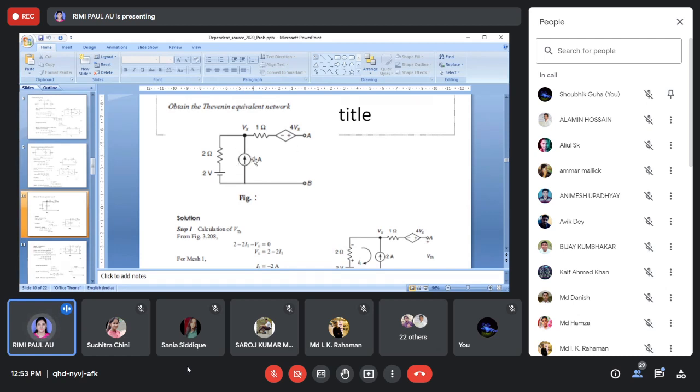Here there is a resistance present, and another independent voltage source is present. How to find VAB or VOC, that you know. But here dependent source is present. Now how to solve?